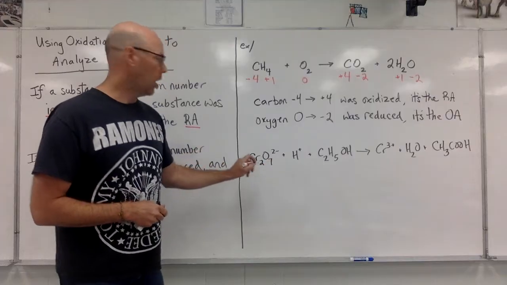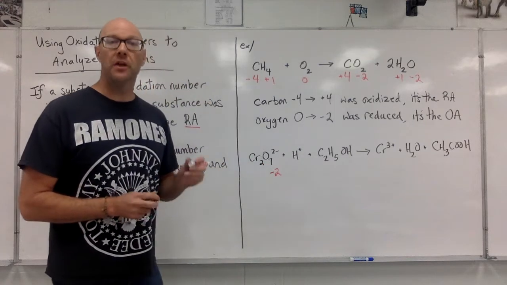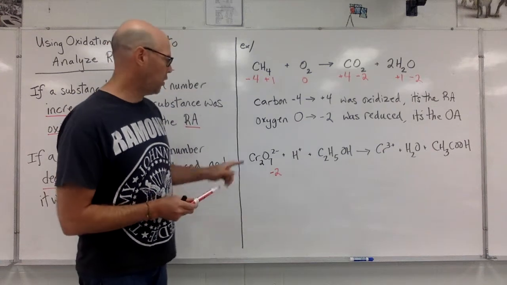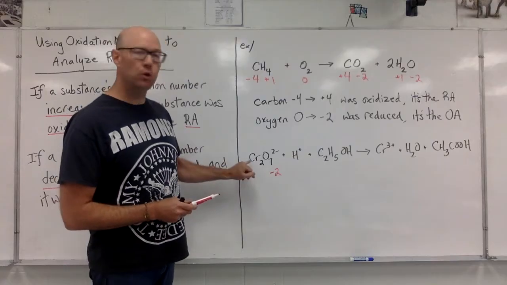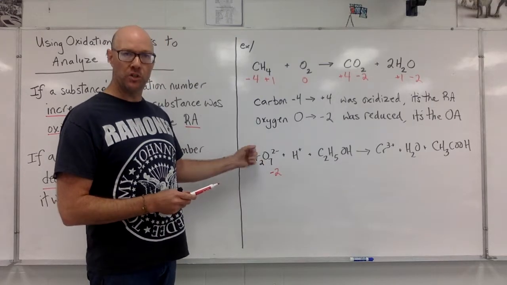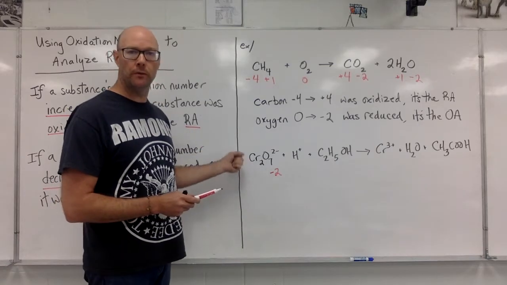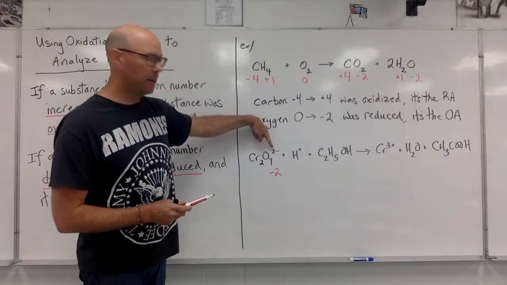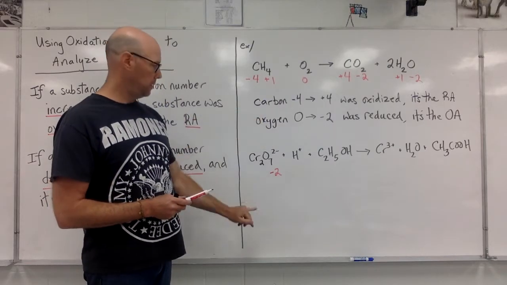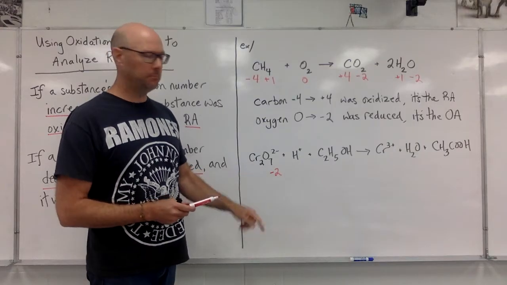This ion, oxygen is -2. There's 7 of them. So we have overall here -14. We have 2 chromiums that, whichever charge the individual chromium has, there's going to be 2 of them, and they're going to add together with all of those oxygens to add up to -2. Oxygen is -2, there's 7 of them, -14.